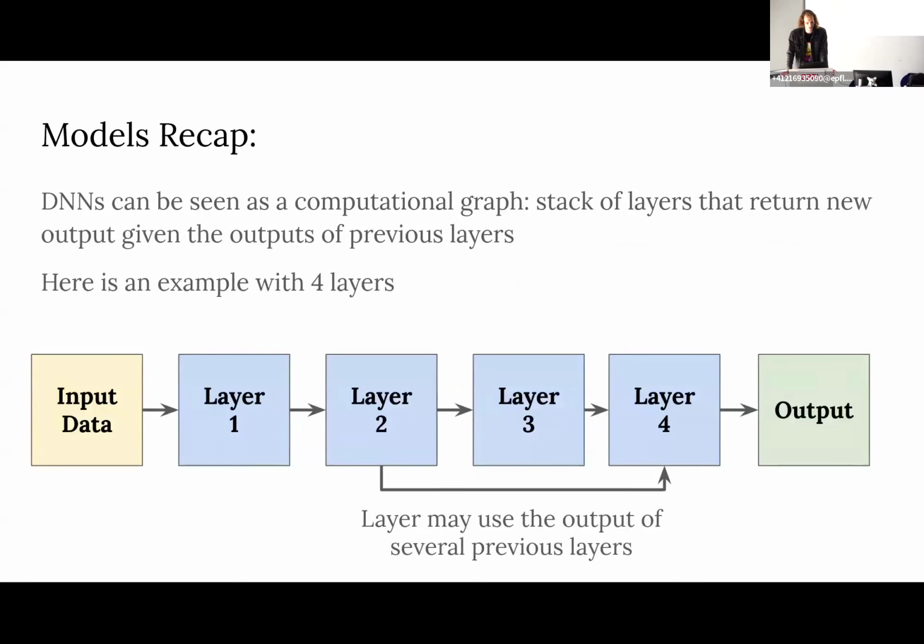But we didn't actually discuss what a model is, apart from being some computational graph. We said it's a computational graph, meaning that it's some way of going from input data to output through some intermediate layers, where each layer is just some function, almost any function, that takes either input data, or input data and output of previous layers, or just output of some previous layers.